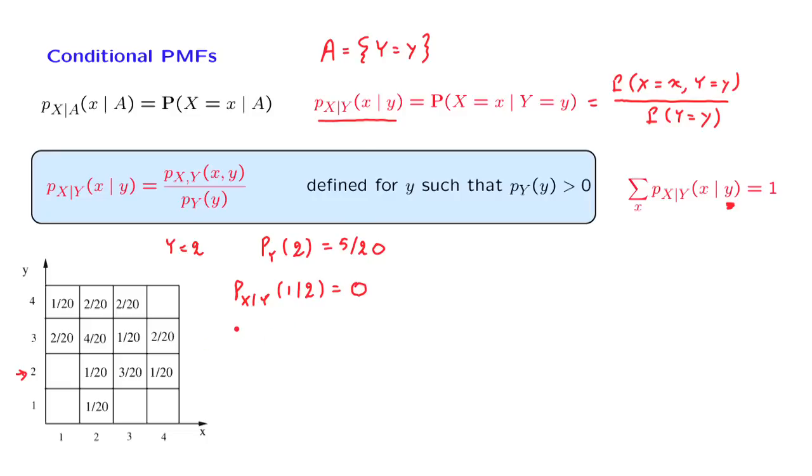We can find the next entry, the probability of x taking the value of 2, given that y takes the value of 2, will be this entry 1/20 divided by 5/20, so it's going to be 1/5. And we can continue with the other two entries, and we can actually even plot the result once we are done. And what we have is that at 1 we have a probability of 0. At 2, we have a probability of 1/5.